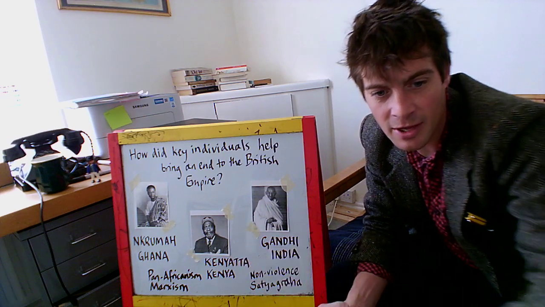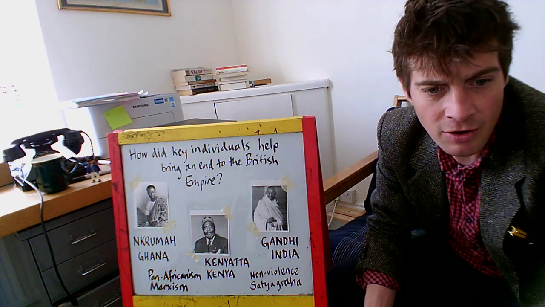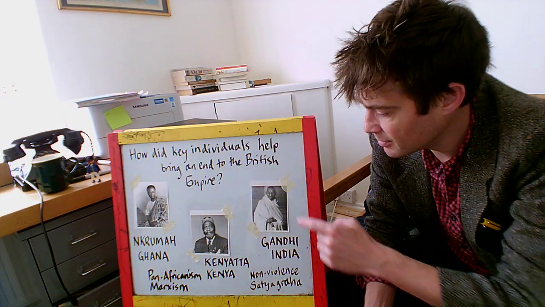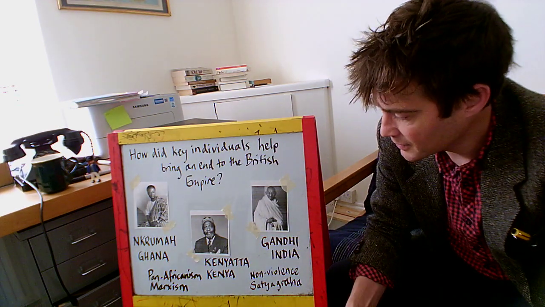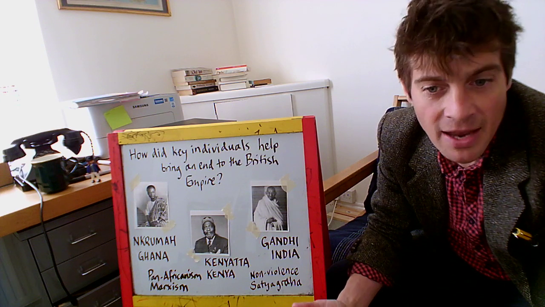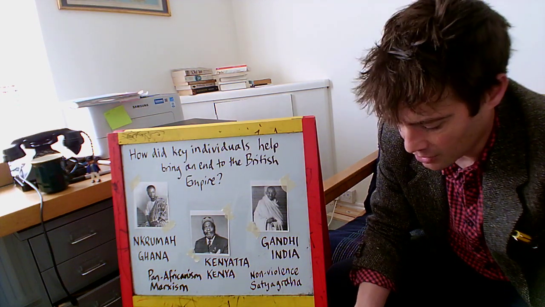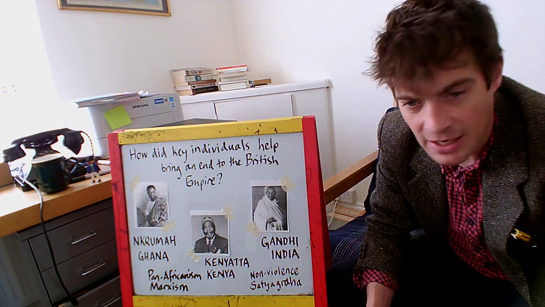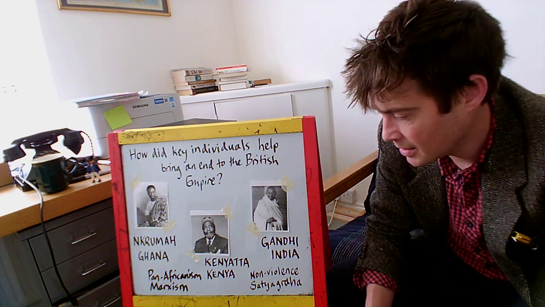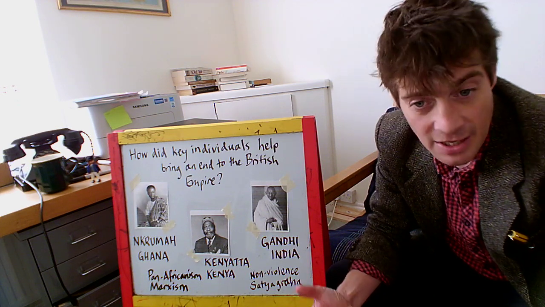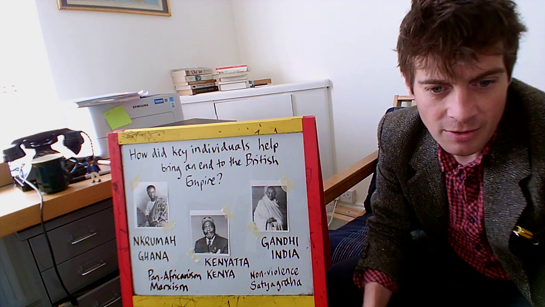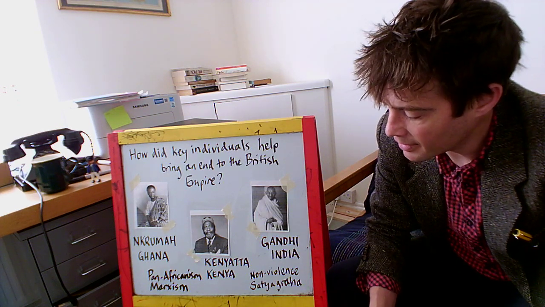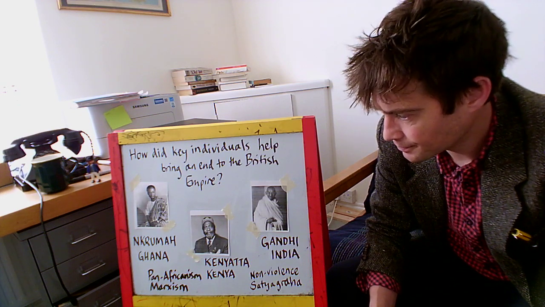Jomo Kenyatta, who became Prime Minister and later President of Kenya, and Mohandas Gandhi, who you've probably heard of, who campaigned for many years for the independence of India from British rule. He never actually became the leader of India, but obviously he was successful in ending British rule, the British Raj, the British rule over India.